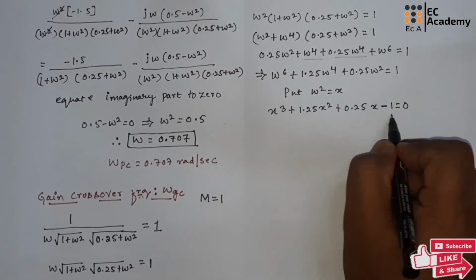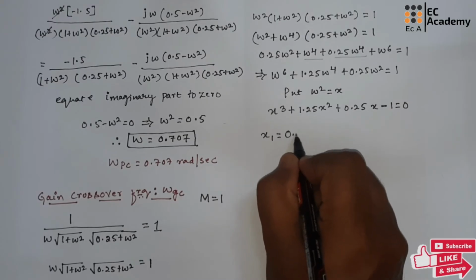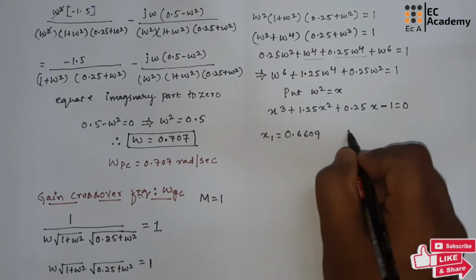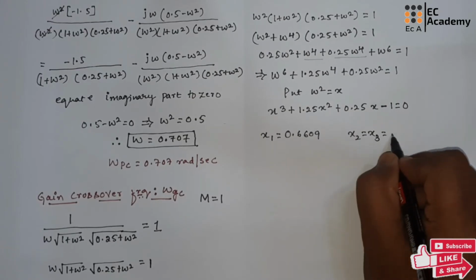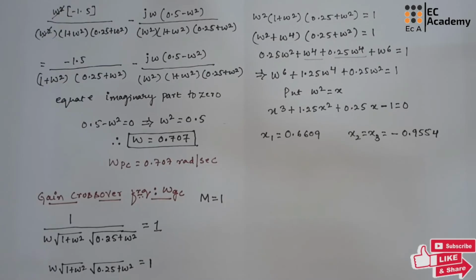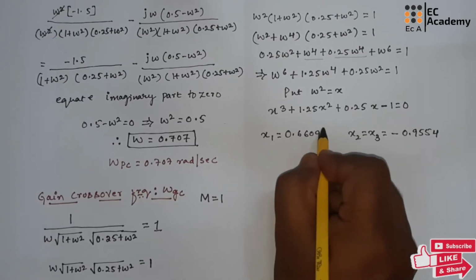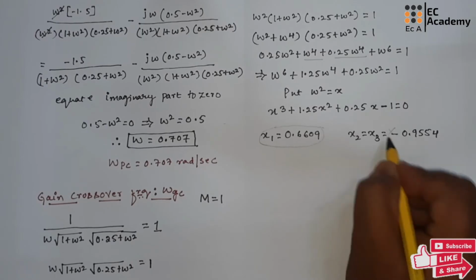Now if we find the roots of this equation, we will get the first root as 0.6609, and the second and third roots are minus 0.9554. So here we need to take the positive value and we need not take the negative value.